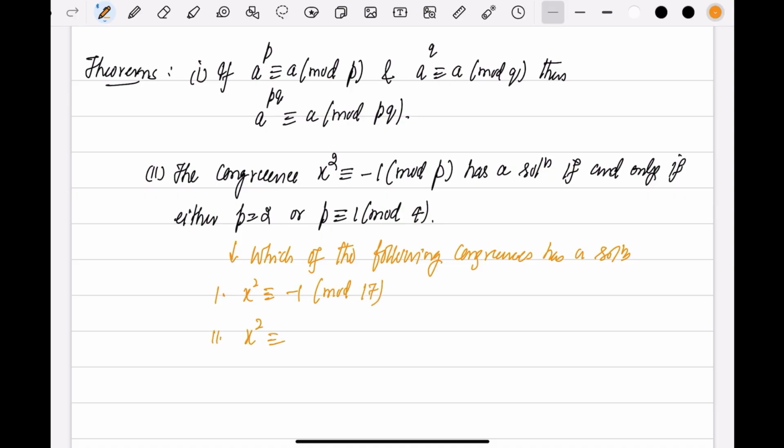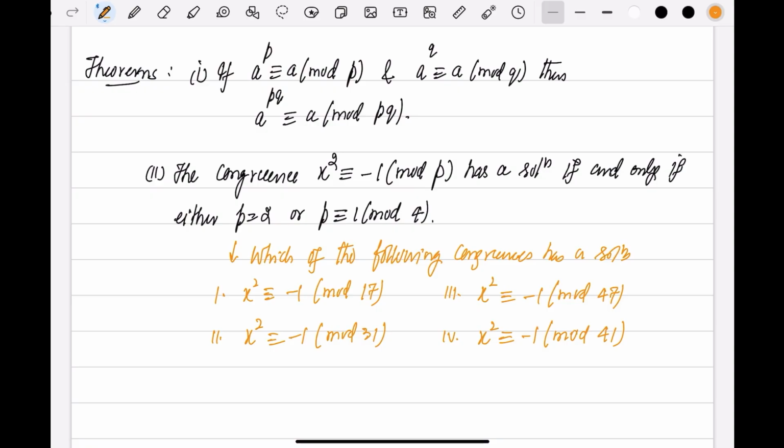Second one is x^2 congruent to -1 modulo 31. The third one is x^2 congruent to -1 modulo 47. The fourth one is x^2 congruent to -1 modulo 41.